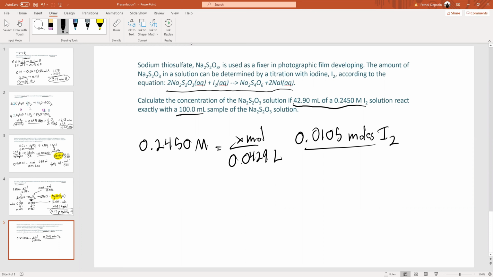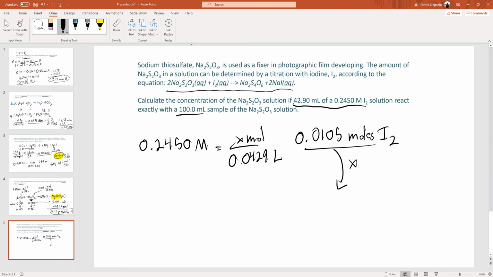Good. So now we look at our balanced equation: 1 mole of I2 reacts completely with 2 moles of Na2S2O3. So if that many moles reacts completely with whatever the sample is in 100 milliliters, we know that the 100 milliliters has to contain double the amount of moles that the iodine has.